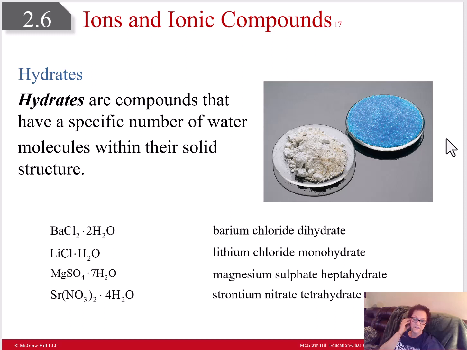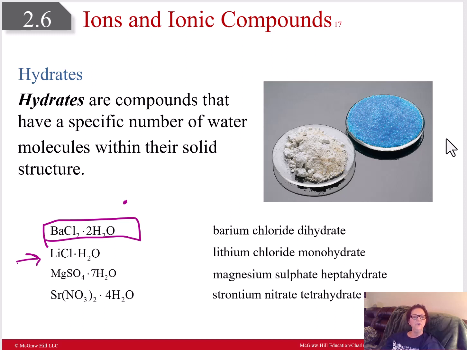Finally, hydrates. Hydrates are another type of compound, and they're kind of odd. They're written like this, like a dot and then some waters. Hydrates actually carry a water molecule as part of their formula. So their overall molecular mass and stuff like that includes that water molecule.